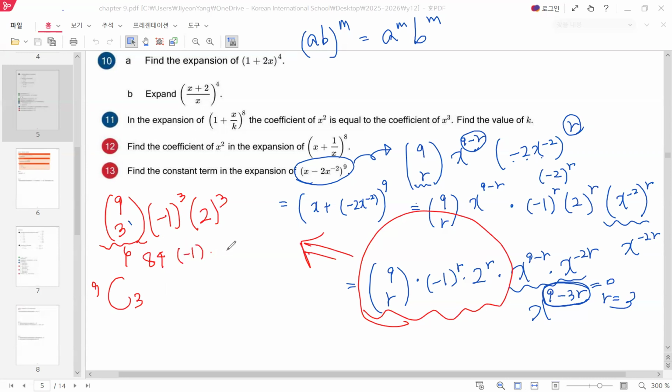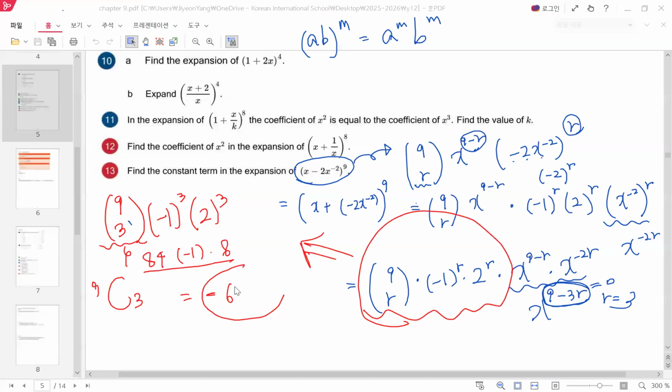Negative, and then 8. By calculating this number, you can find negative 672. Yeah, 672.